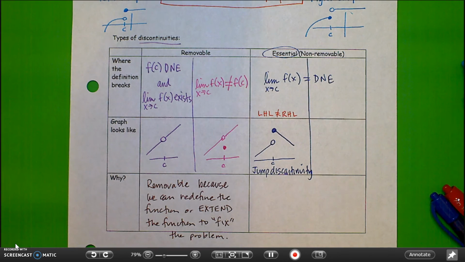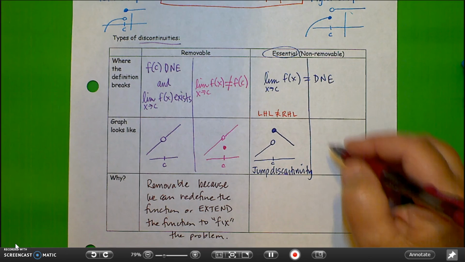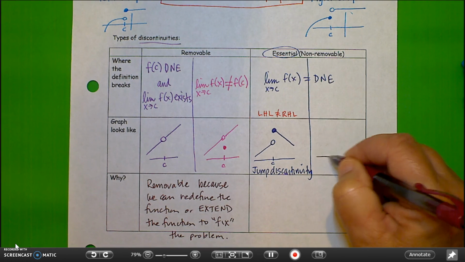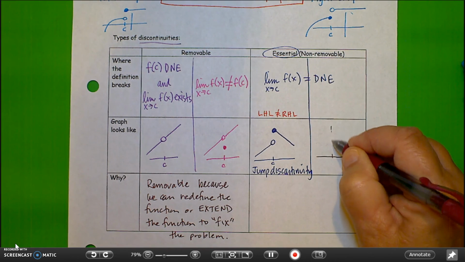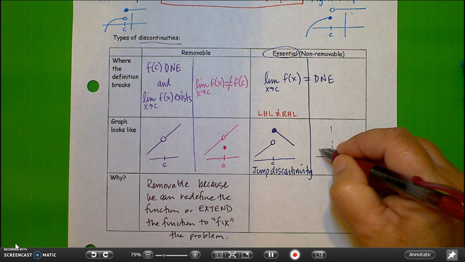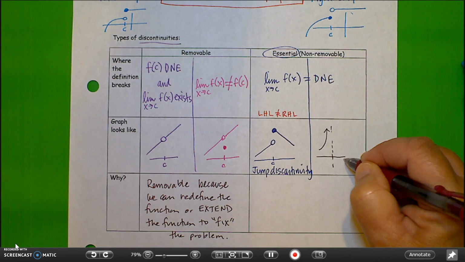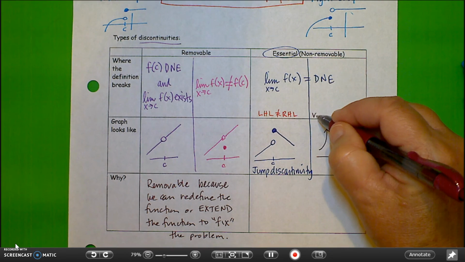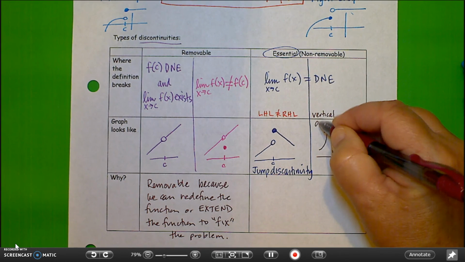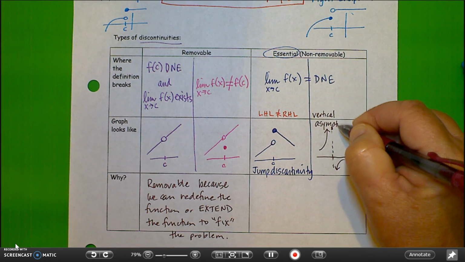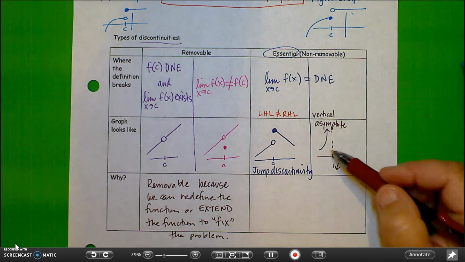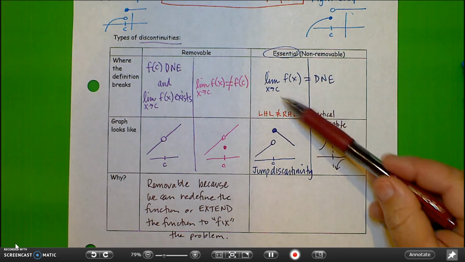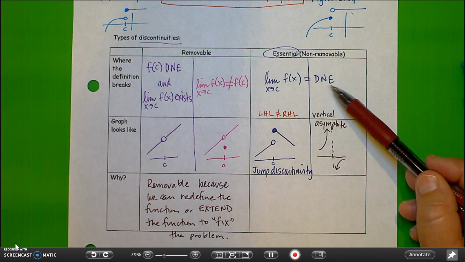The next type of discontinuity here that's essential and non-removable occurs when you have a vertical asymptote. So we'll sketch this out. Let's say we have a vertical asymptote here, and perhaps the graph is doing this. So at a vertical asymptote, again, the limit as x approaches c of the function does not exist.